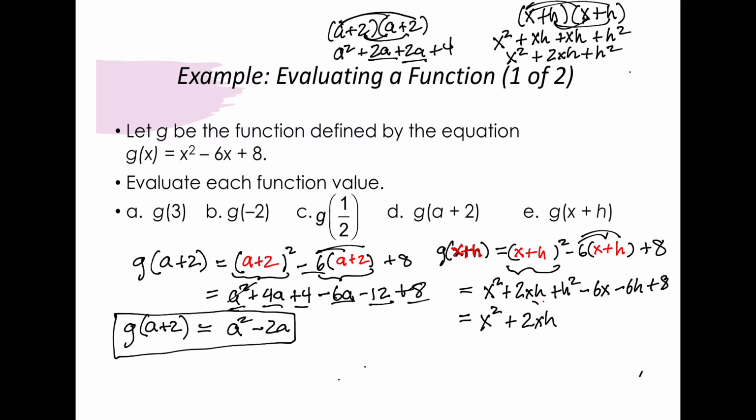There's no other terms that have x and h being multiplied, so there's no xh terms. There's no other h squared terms. In fact, these are all unique terms. And so none of them can be combined together. And so what I have here is the most simplified version of that.